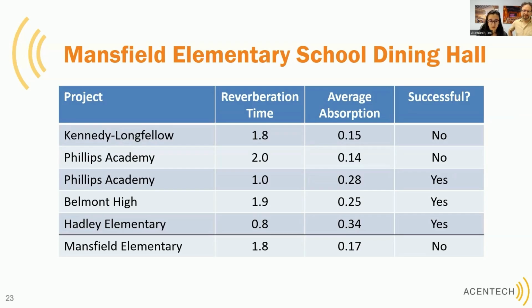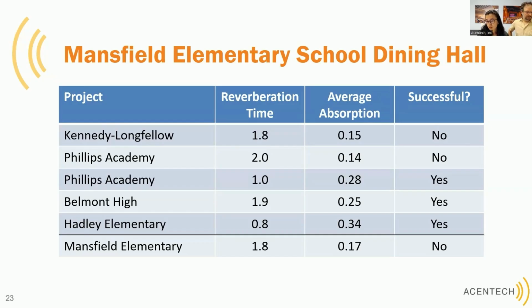And the average absorption coefficient is basically how much the room surfaces are absorbing the sound versus reflecting the sound back. So if you have a room that's totally absorptive, it would have an average absorption coefficient of 1.